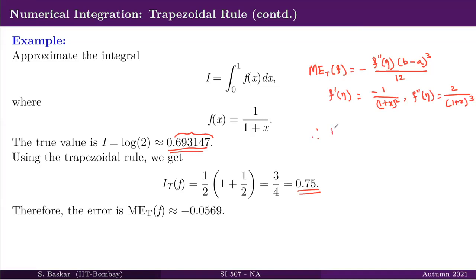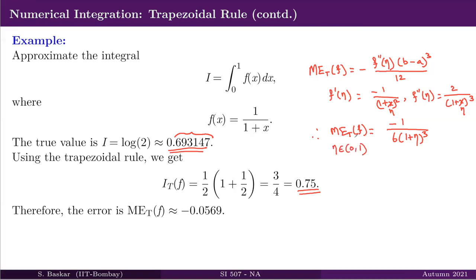Therefore, the mathematical error in the trapezoidal rule in this particular example is given by minus 1 by 6 into (1 plus eta) cube. Sorry, these are eta, not x, where eta is the unknown in the interval 0 to 1.